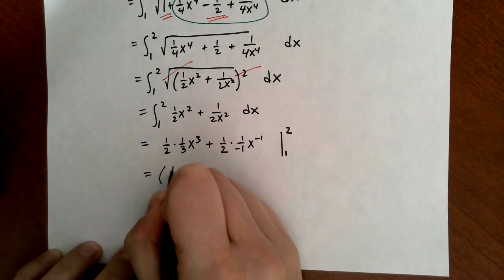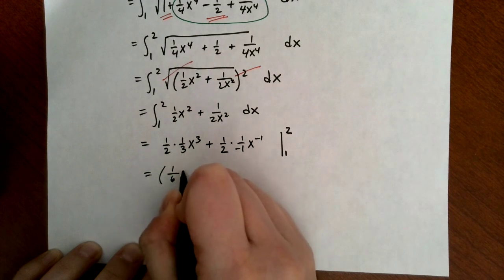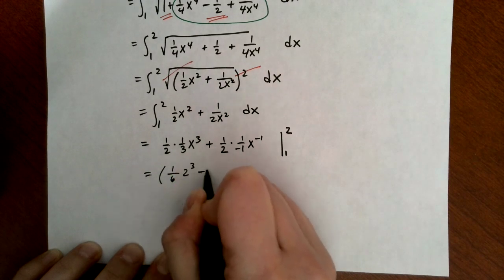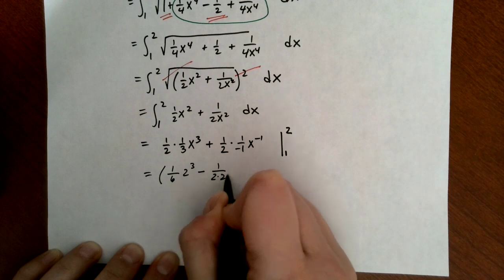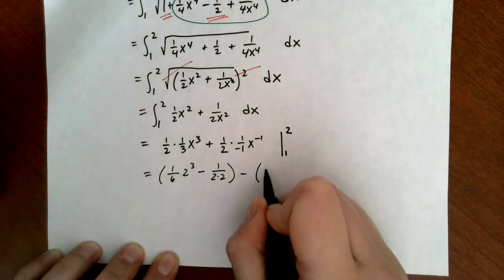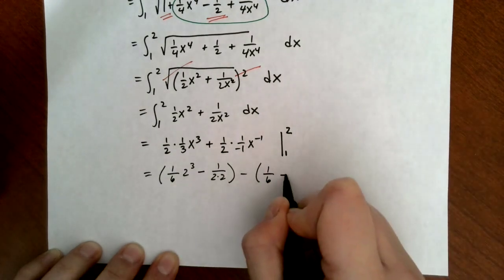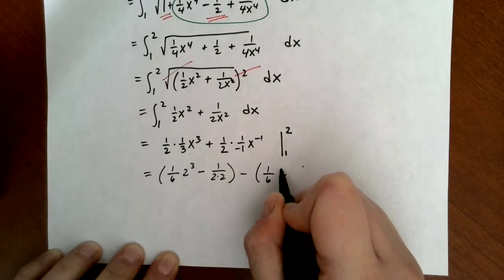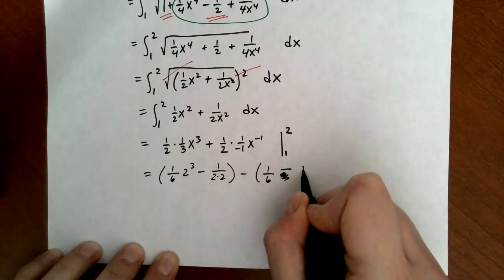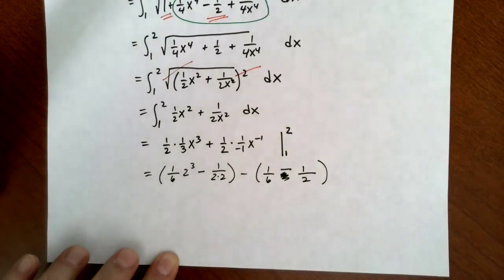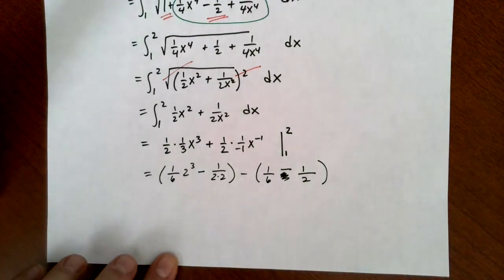So with a 2 in it, I have 1 over 6, 2 cubed, minus 1 over 2 times 2. And then we'll repeat that with the 1 in it. We'll combine our fractions.